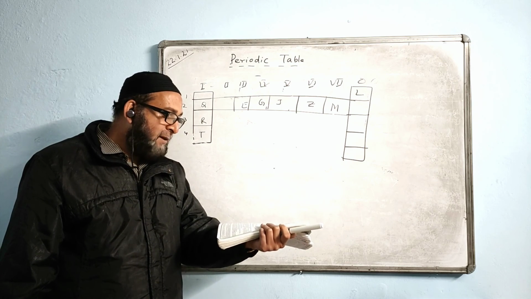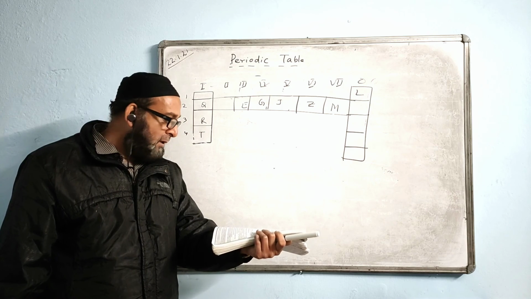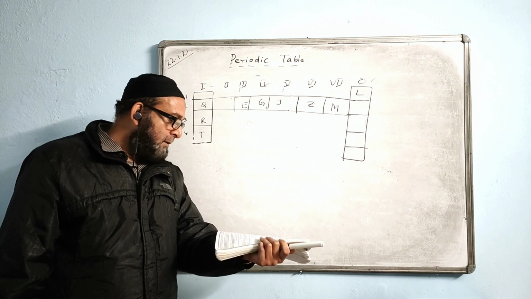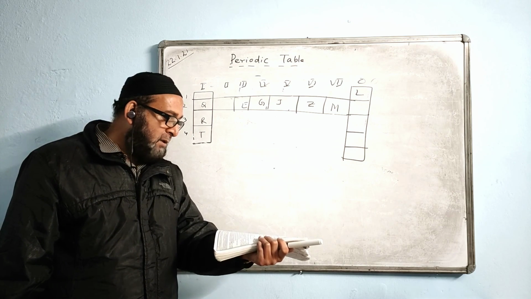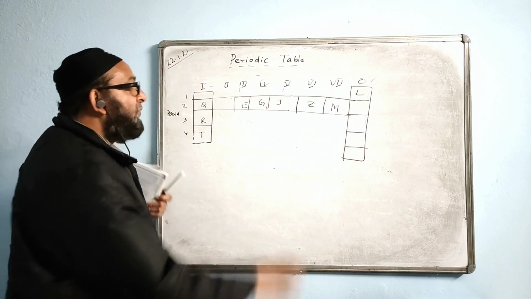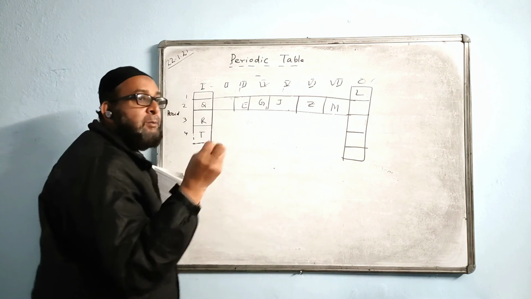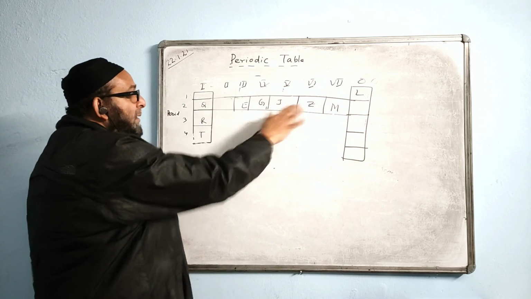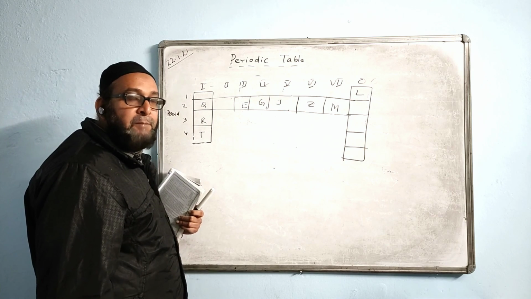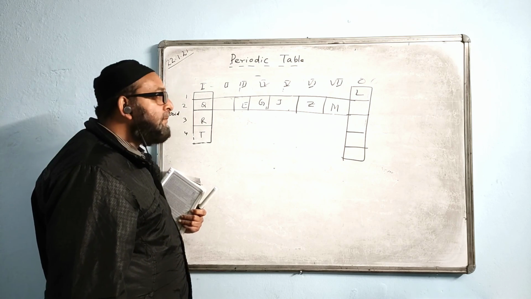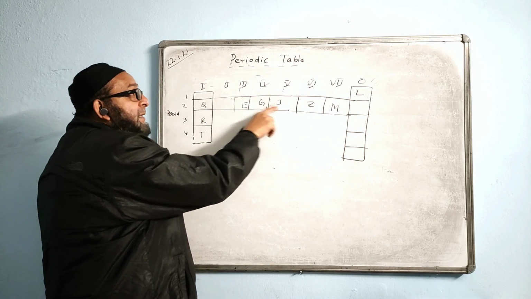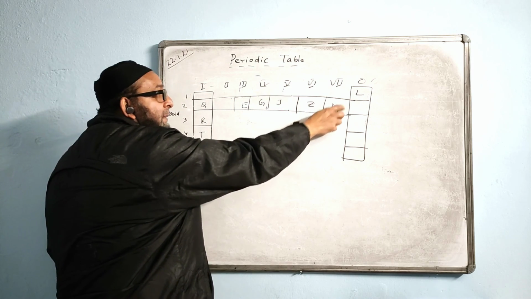If an element has 7 electrons in its outermost shell, then it is likely to have the largest or smallest atomic size among the elements in the same period. Atomic size decreases, that means it will be the least out here.